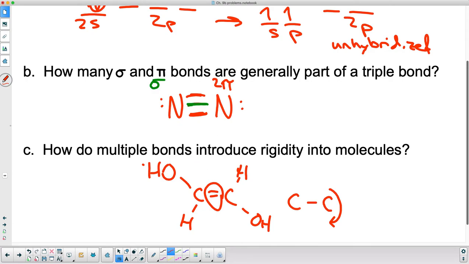You don't have to write that down, but what I'm talking about is that the double bond locks the other part of the molecule into position and will not let it rotate.